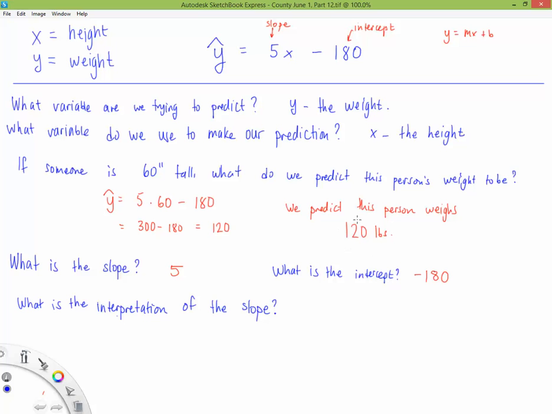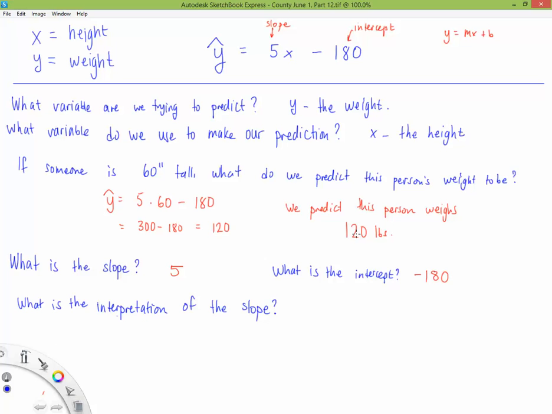We would predict 50 pounds more, because each inch, according to our formula, is worth 5 pounds, so we add 50 pounds. Does this make sense?